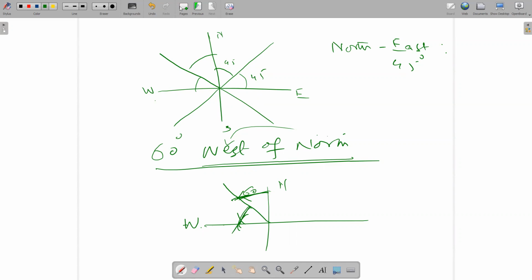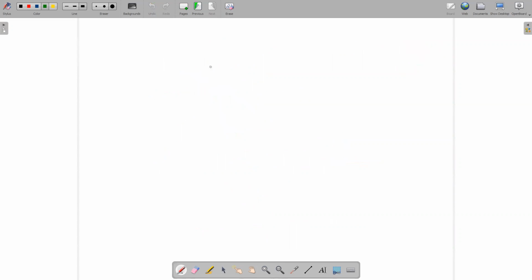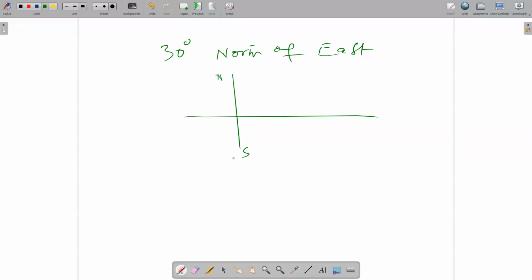If I'm writing 30 degree north of east, what is the angle? This is north, this is south, this is east, and this is west. North of east means I will start from east towards north. So this is the angle, and this angle is north of east, starting from east and going towards north.